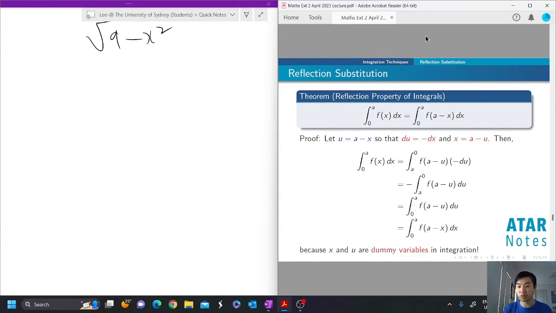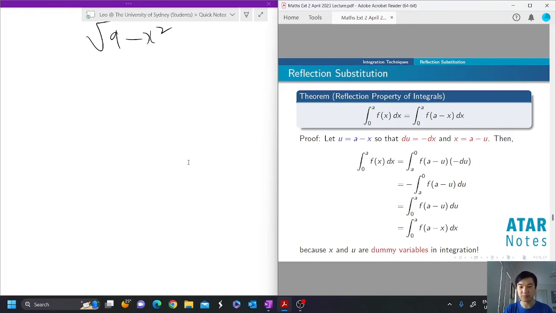Another really useful thing that you come across in extension 2 is the reflection property. So basically, if you integrate a function from 0 to a, that's going to give you the same result as integrating f of a minus x from 0 to a.